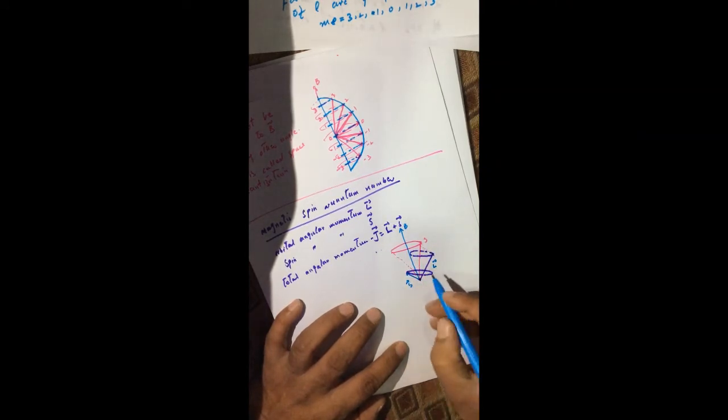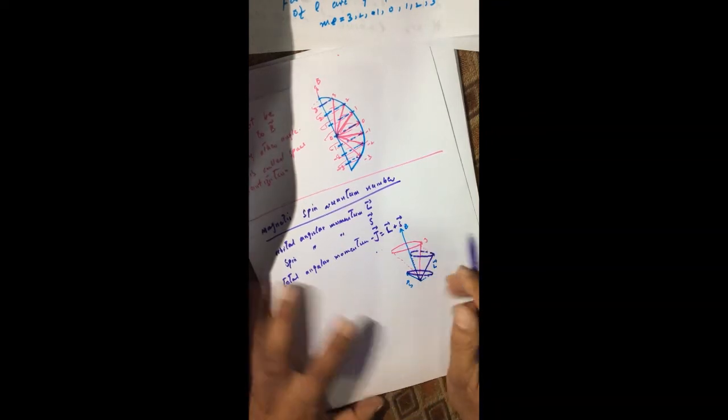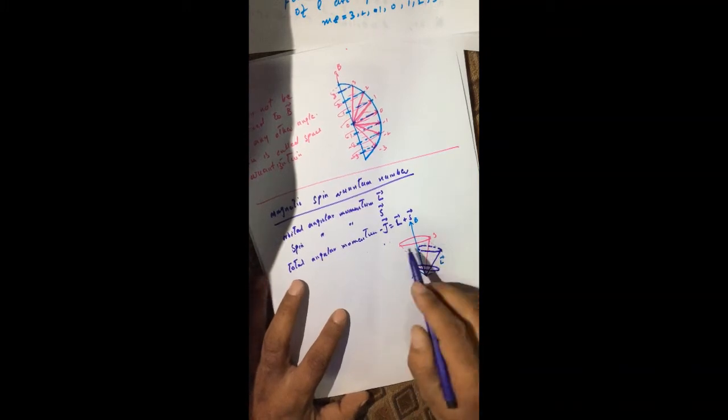Here this is the spin angular momentum which precesses around this total angular momentum, and here we have this orbital angular momentum which precesses around this total angular momentum. So this total angular momentum vector also precesses around this external magnetic field.